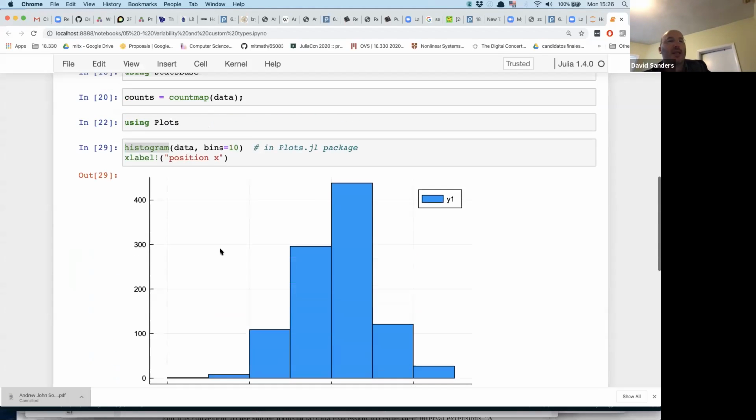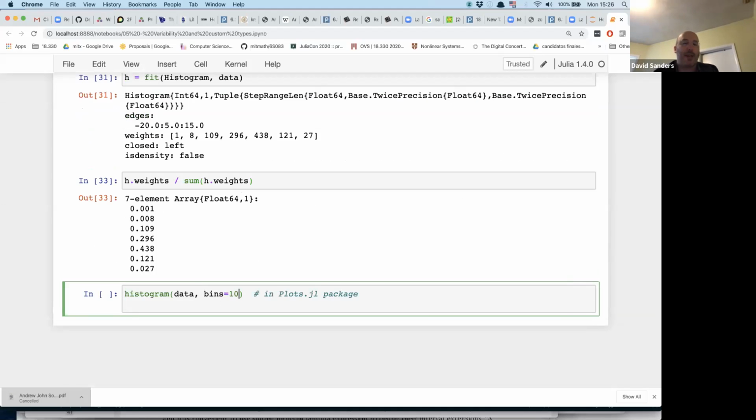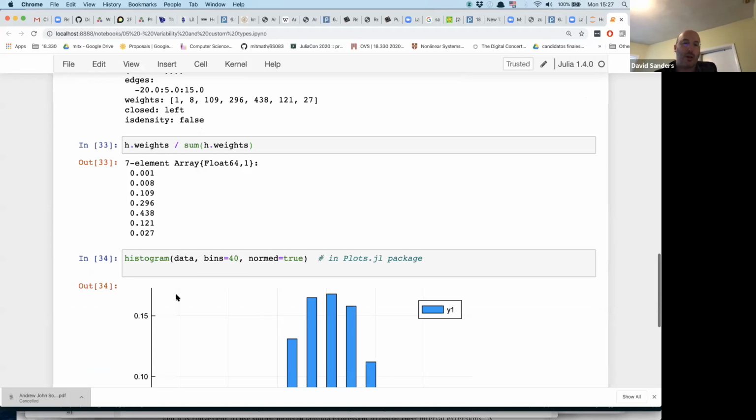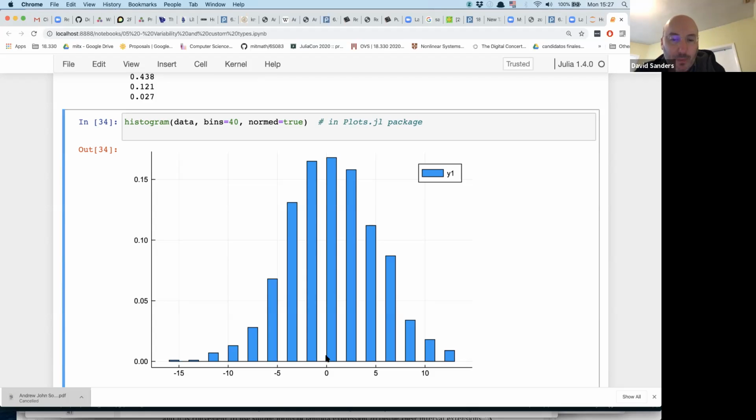If I'm using the histogram function instead, I can actually do the same thing by giving it an option, which is normed equals true. So if I do 40 bins, because I know that I'm going from -20 to 20, then it gives me something like this. And so now it's telling me that this bar goes from 0 to 1, at least approximately.